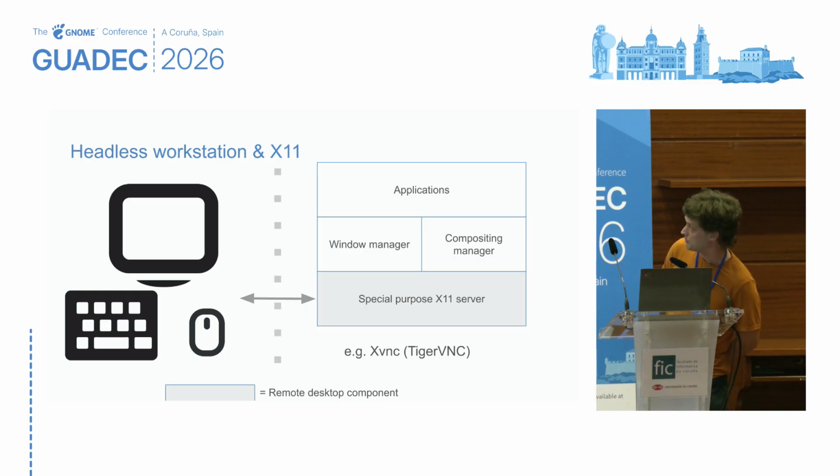It's a special purpose X11 server where you rip out Xorg and replace it with, for example, XVNC from TigerVNC, and you start it in a special way, and it sits there and acts as the X11 server. It's usually Xorg forked to some degree, and then you replace what is called the DDX part of it, more or less.